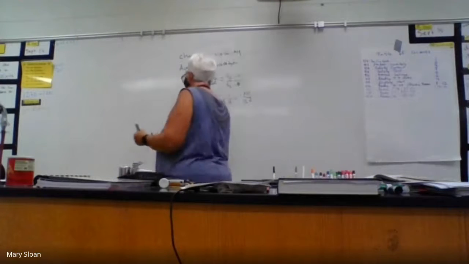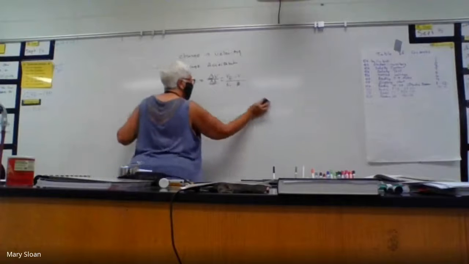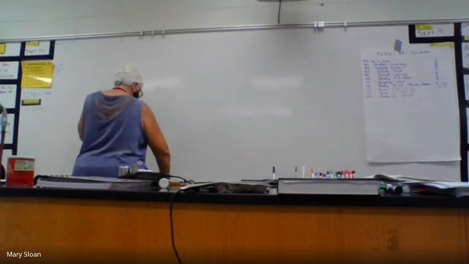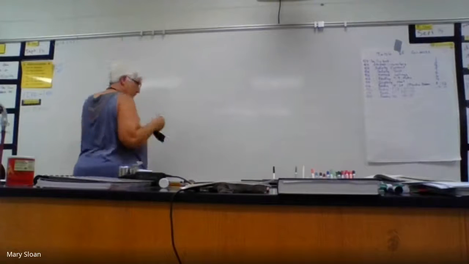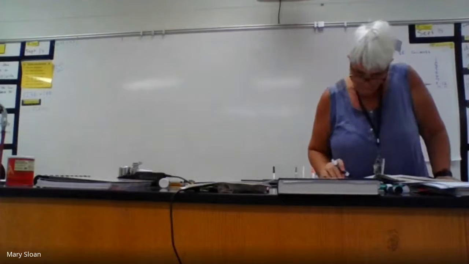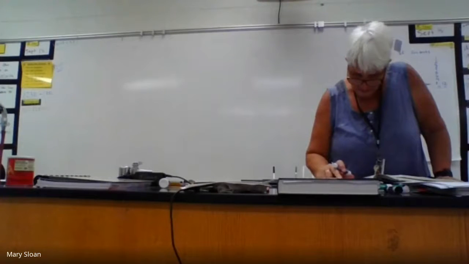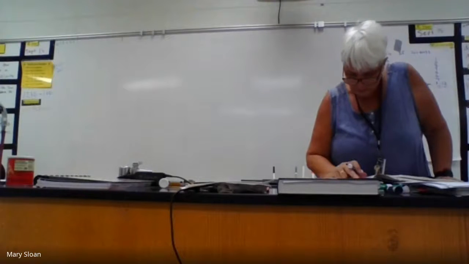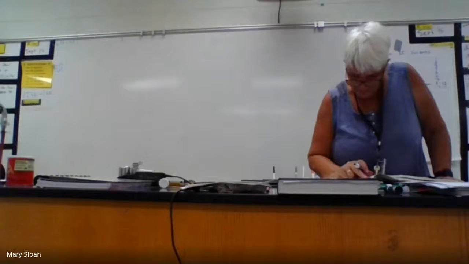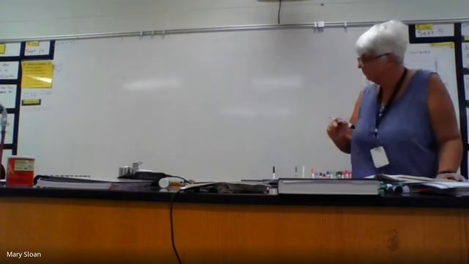When you have these problems, what you have to do is write down your variables. The first thing we look at here, it says a shuttle bus slows down with an average acceleration of a negative 1.8 meters per second. How long does it take for the bus to slow from 9 meters per second to a complete stop?